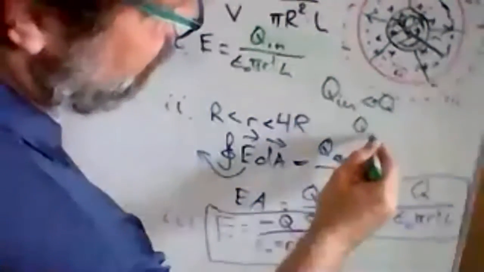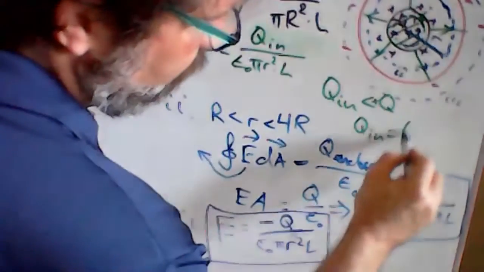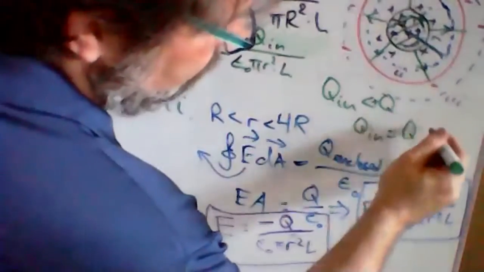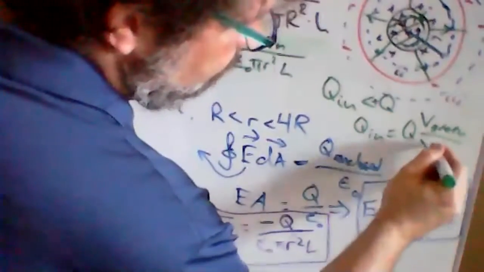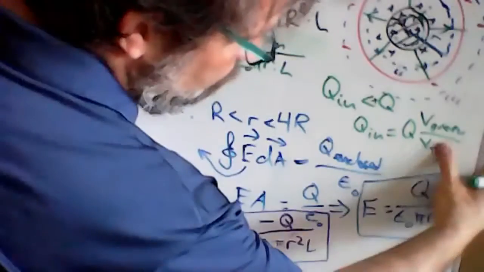Specifically, it's going to be the fraction of Q that is the ratio of the green volume divided by the total, the black volume.